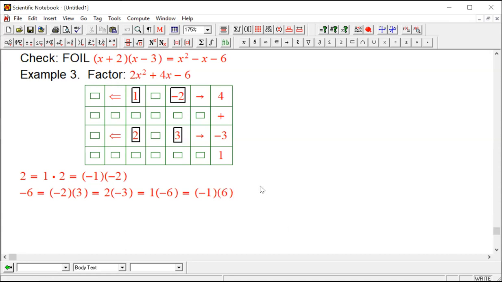Until you run out of them, and you still haven't found it, then you know it cannot be factored easily. But don't forget, it can be factored. It's just that this way doesn't find it. Okay, so let's try one more time.